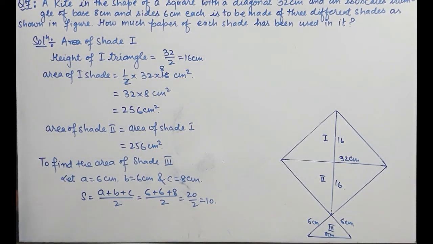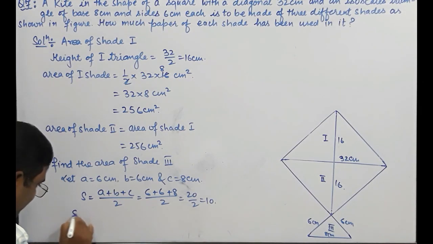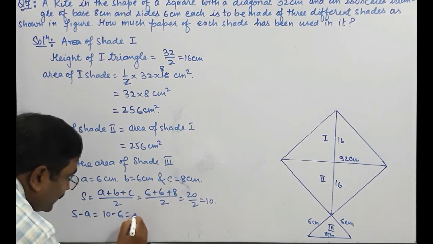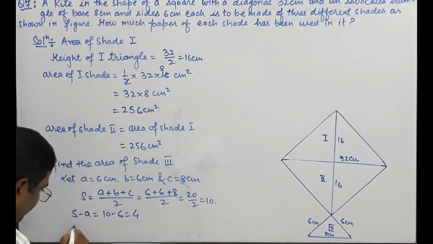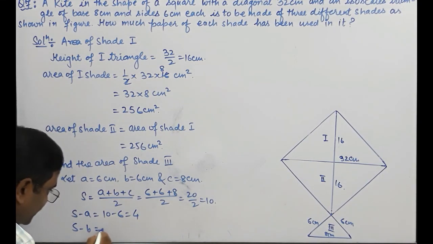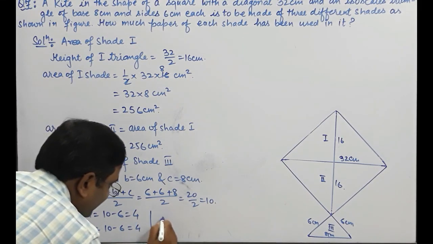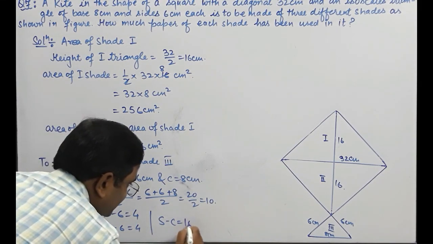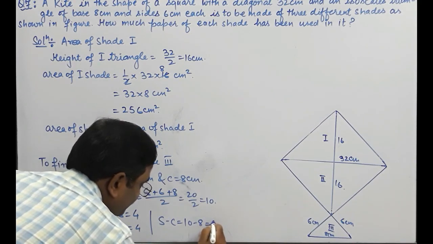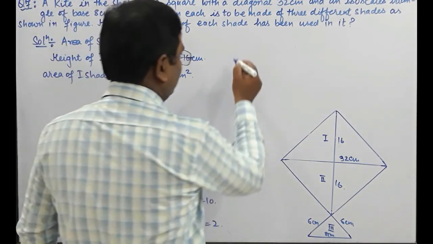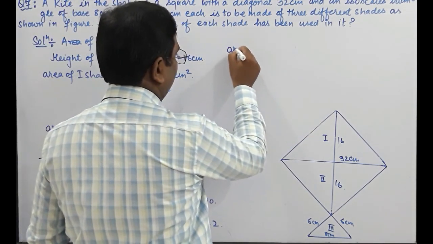After getting the value of s, we have to find s minus a, that is 10 minus 6, which is 4, s minus b, 10 minus 6, that is also 4, and s minus c, that is 10 minus 8, which is 2 centimeter. After writing these, let's find the area of the third side.